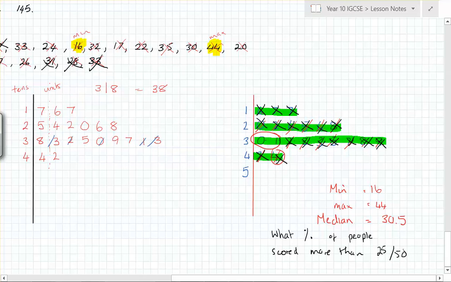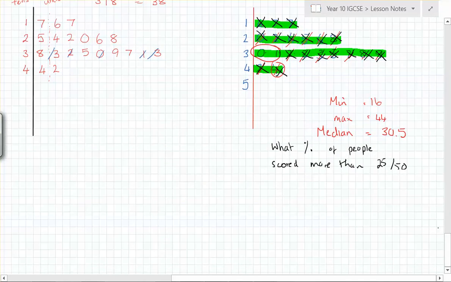You do 25 divided by. No, hang on. Careful. So what percentage of people scored more than 25 out of 50?